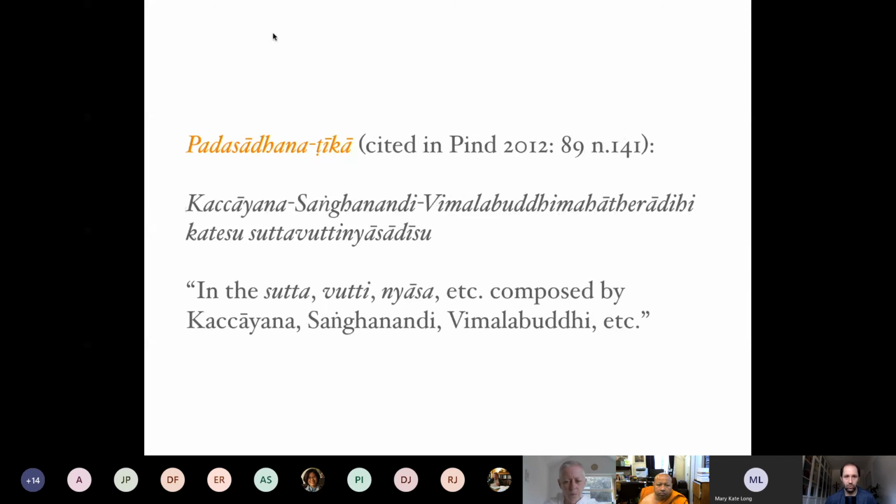This tradition is as old as the Padasadhana Tika, cited in Ole Pind's article. The citation says: Kaccāyana Sanganandi Vimala Buddhi Mahateradihi Katesu Sutta Vutti Nyasa Adisu. It means in the Sutta, Vutti, Nyasa, etc., composed by Kaccāyana, Sanganandi, Vimala Buddhi, etc. So there is the correlation in order: the Sutta composed by Kaccāyana, the Vutti composed by Sanganandi, the Nyasa composed by Vimala Buddhi.